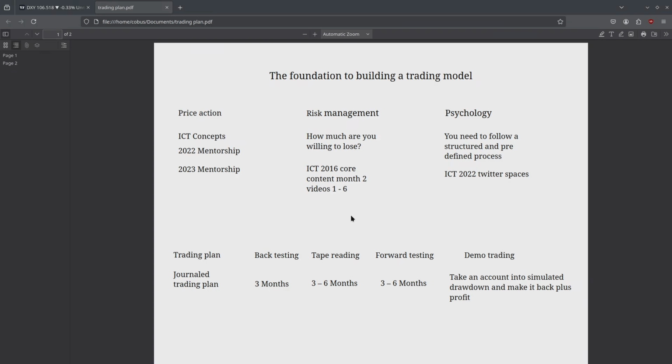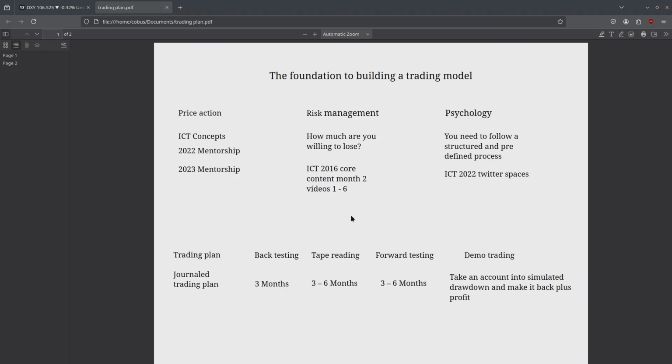And then finally, you arrive at demo trading. You only go into demo trading if you feel ready to do so. The easiest way to see if you are ready to go into a demo and apply these concepts, you take an account, just like ICT told us to do in the 2022 mentorship.